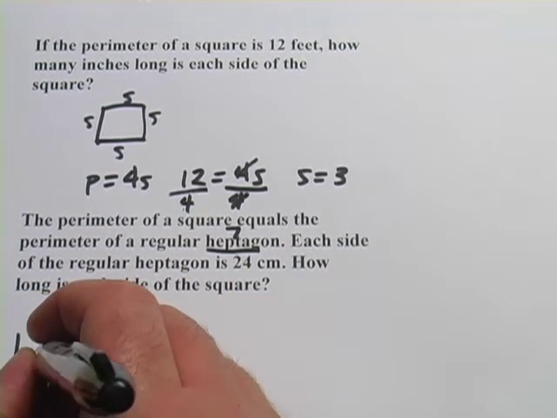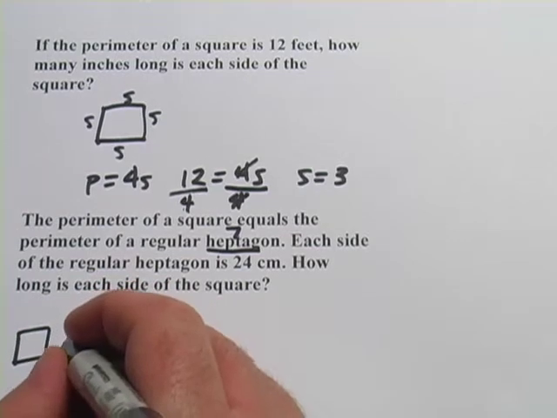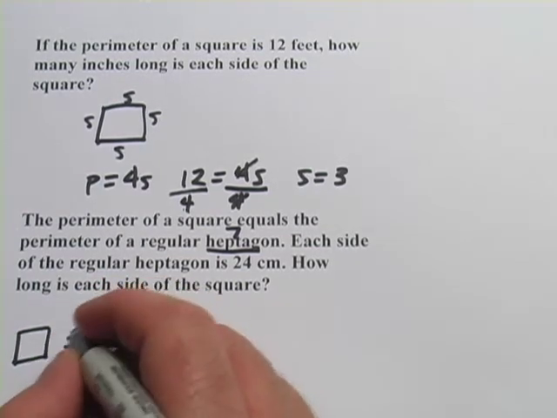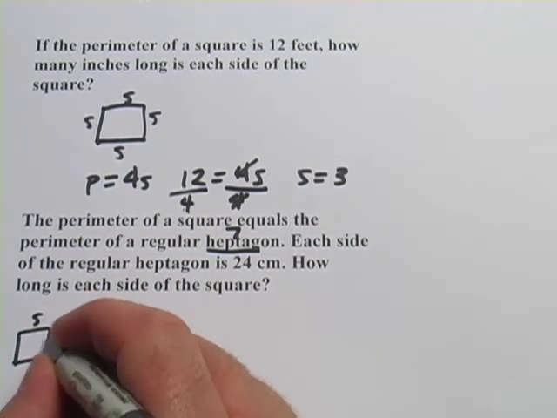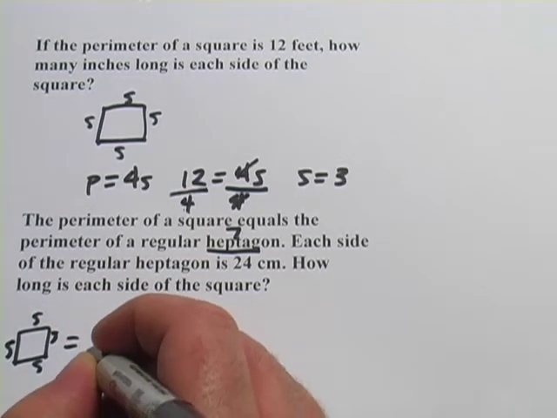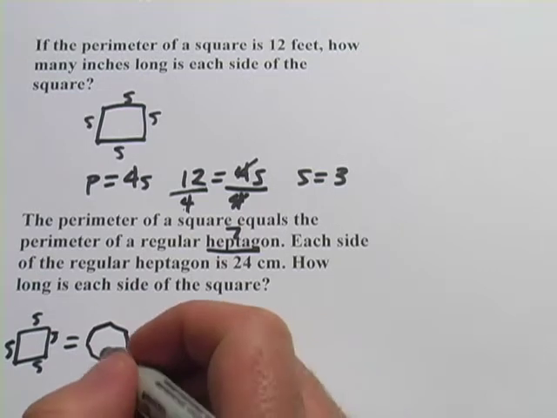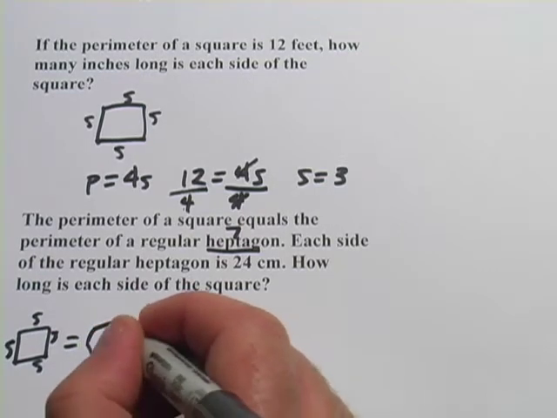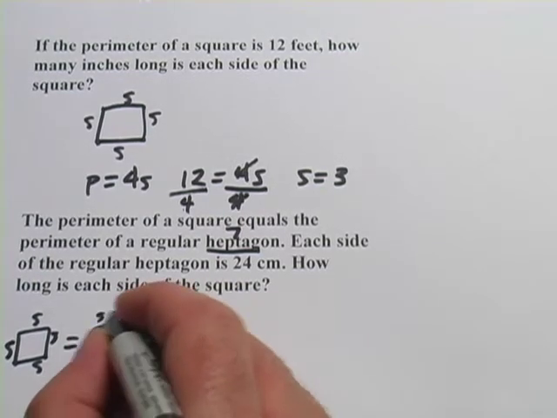So you can think about it like this. Here's a square, and it's going to equal the perimeter of it. All those sides added together are going to equal the perimeter of the heptagon, which has 7 sides. Did I get 7 in there? 1, 2, 3, 4, 5, 6, 7? I think so.